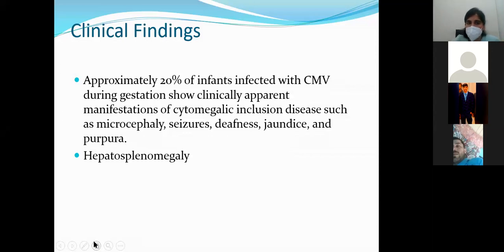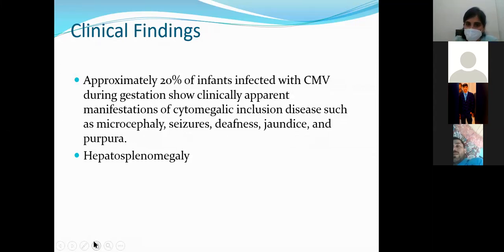What are the clinical findings? As I told you, cytomegalovirus causes intranuclear inclusions. We call it inclusion disease, okay? And mostly it causes congenital abnormalities. In the younger children or in the adults, it mostly causes asymptomatic disease unless anyone has immunosuppression.